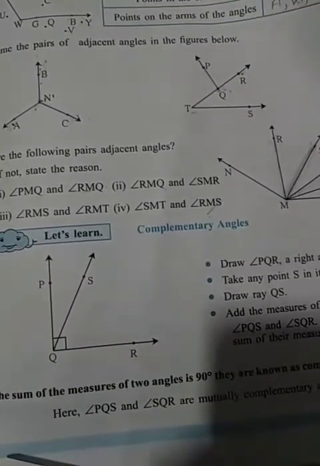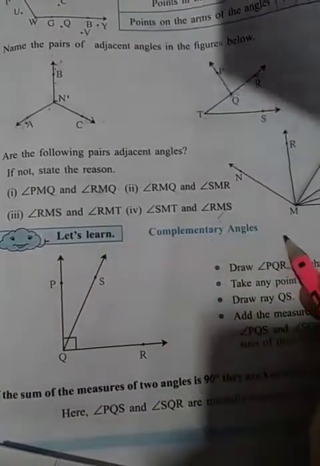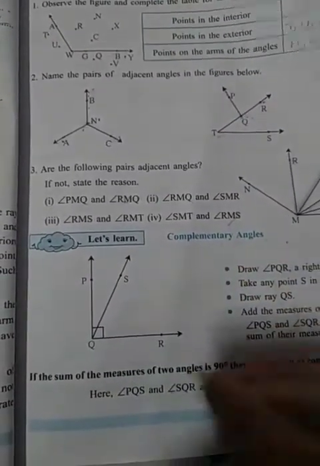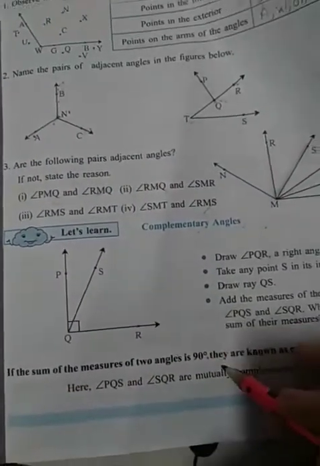Now next one, complementary angles. What we have to learn? What is a complementary angle? See here it is written. If the sum of the measures of two angles is 90 degrees, they are known as complementary angles. It means what? Sum means what?